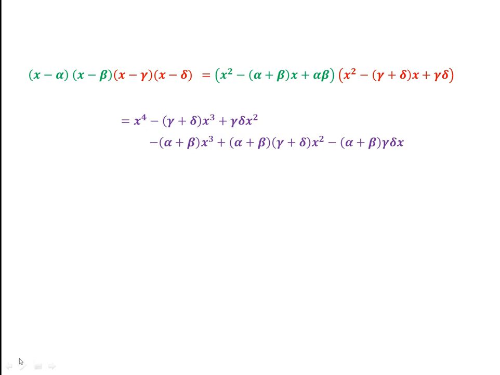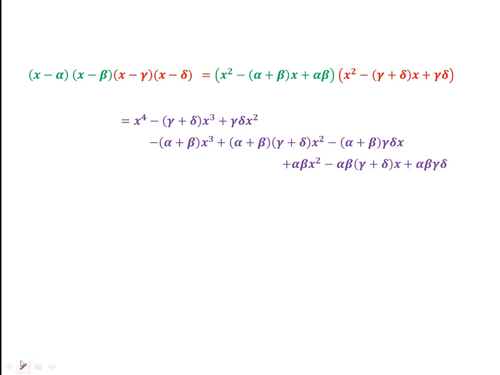And then finally I need to multiply the alpha beta in the first bracket by the whole of the second bracket, and that will give me alpha beta x squared minus alpha beta times (gamma plus delta) times x plus alpha beta gamma delta.